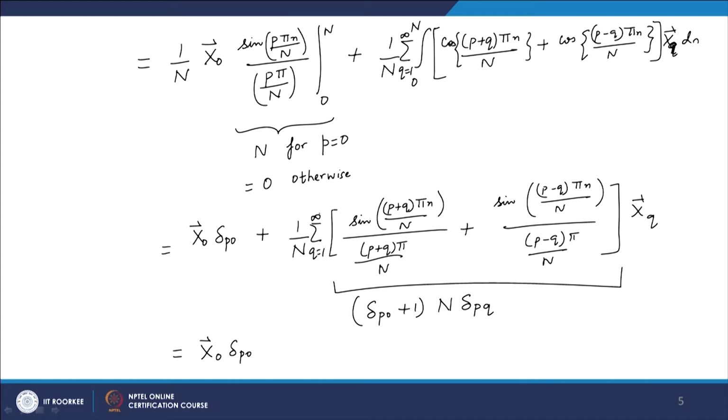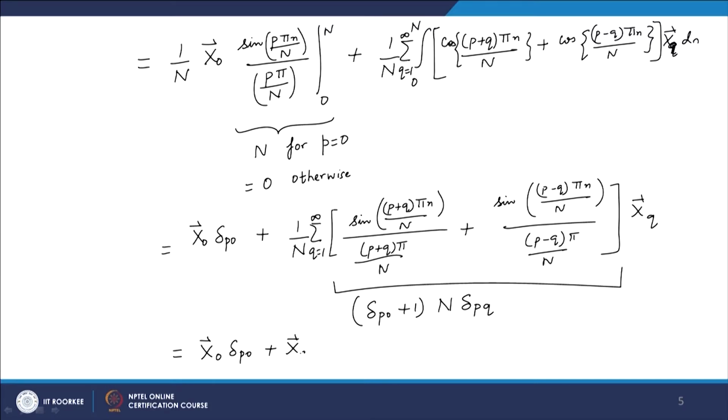So, of course, since it starts from Q equal to 1 and we have a delta P Q inside, delta P 0 is not a possibility because we have taken that separately. So, what we have here is essentially x p.